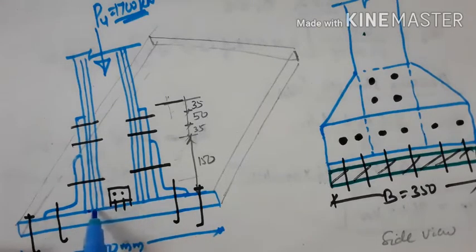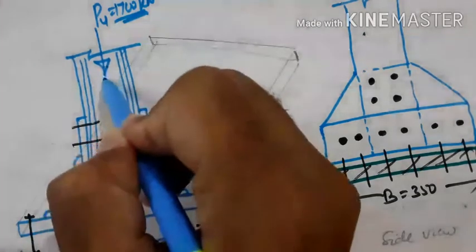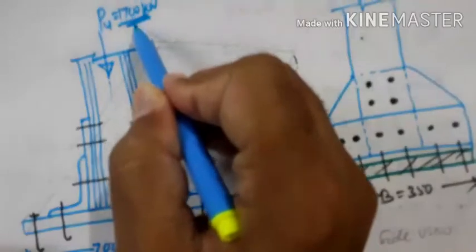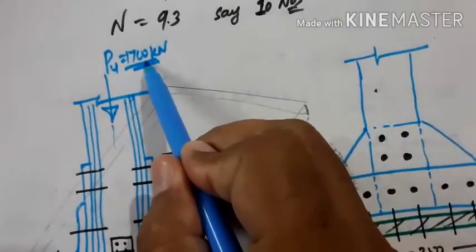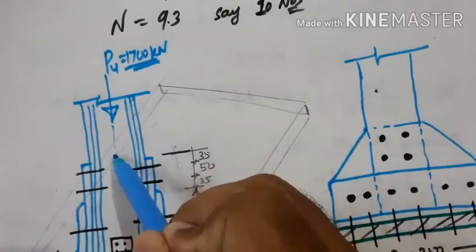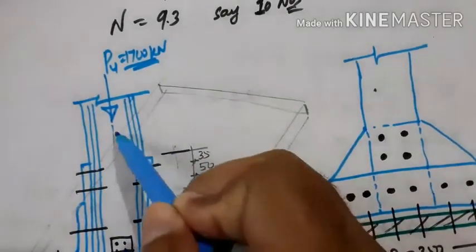And because of this, what happens? The 50% of the load, whatever the load is given, this 1700, the 50% of this will go directly through bearing.